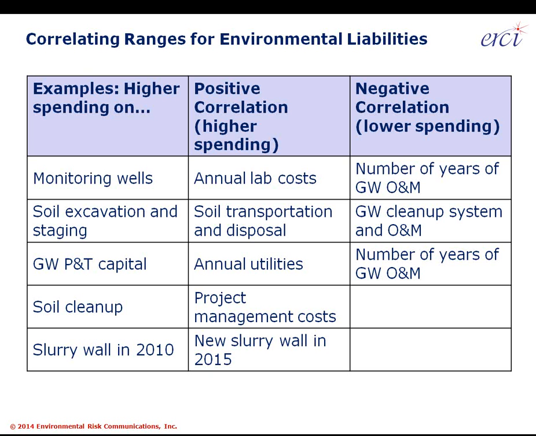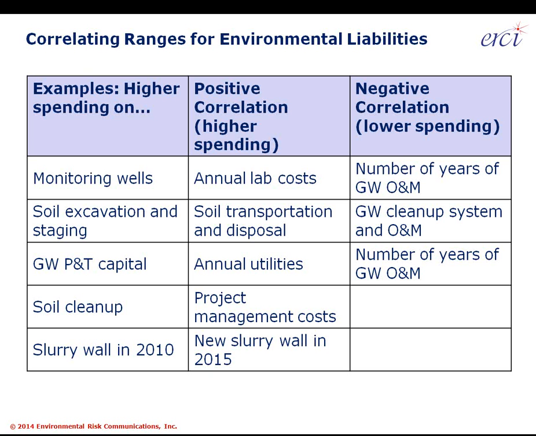The negative correlation for soil excavation and staging is if you're working on the soil remedy, you may be able to save money or count as a savings the duration of the size of the system and the duration of the O&M for the groundwater pumping treat system, if one is even indicated on the site.